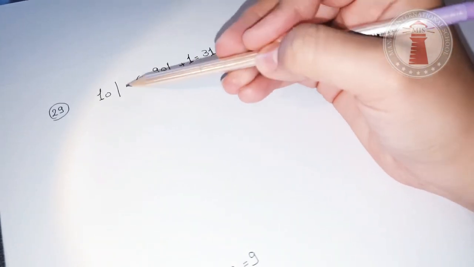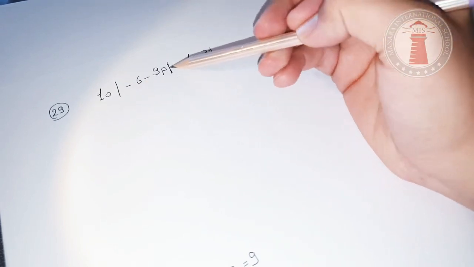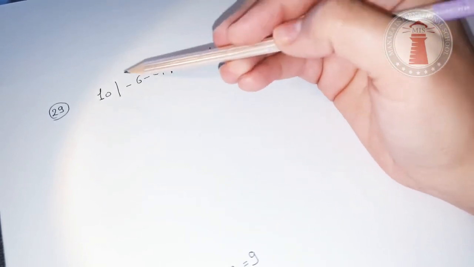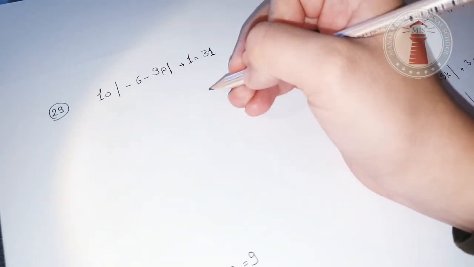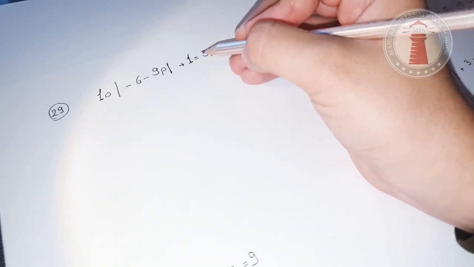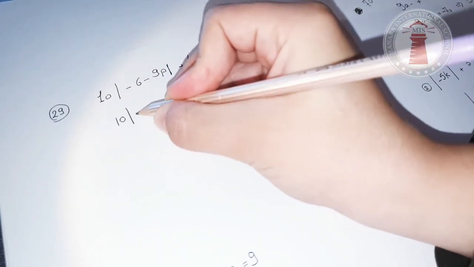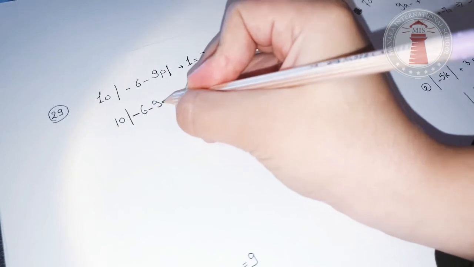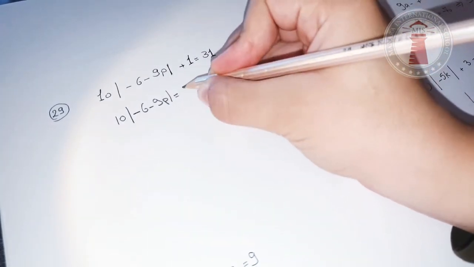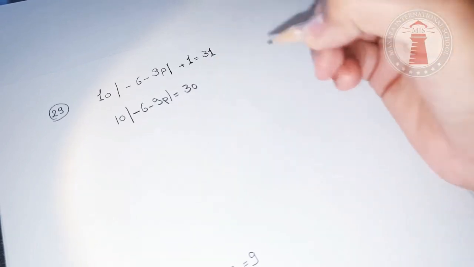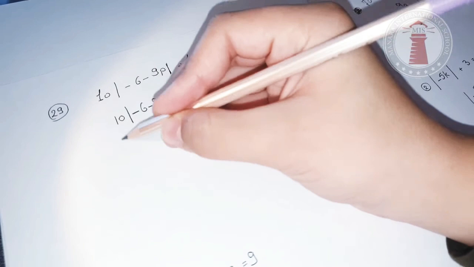So the absolute value is only for negative 6 minus 9p. So we don't start solving until we keep this alone. So first of all, we need to eliminate the positive 1 by subtracting 1 from both sides. So we'll be having 10 absolute value of negative 6 minus 9p equals, so we're subtracting, so this becomes 30. Then we're going to divide by 10, so we can just get rid of the number here.